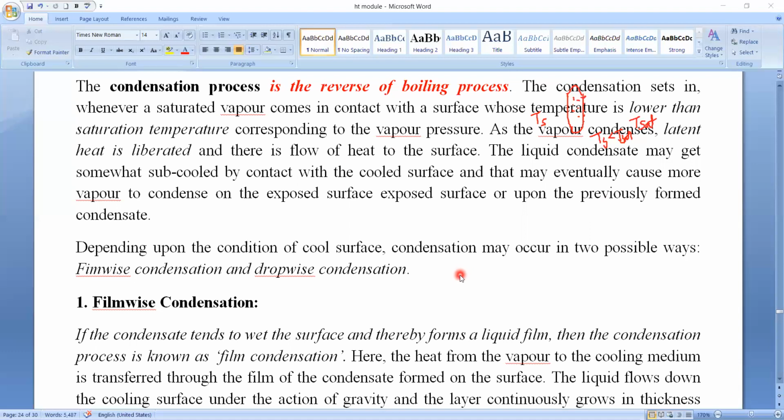From your examination point of view, these two processes are very important. Sometimes they will ask you to differentiate between film wise condensation and drop wise condensation, or with a neat sketch explain film wise condensation and drop wise condensation. So you should be in a position to explain both the condensation phenomena.